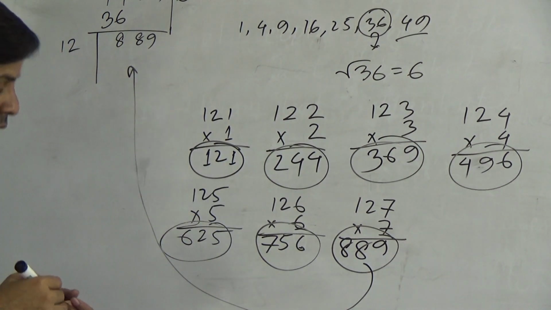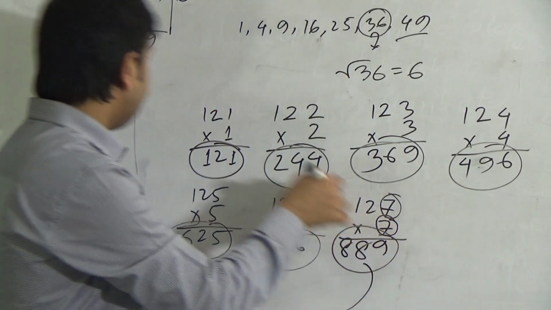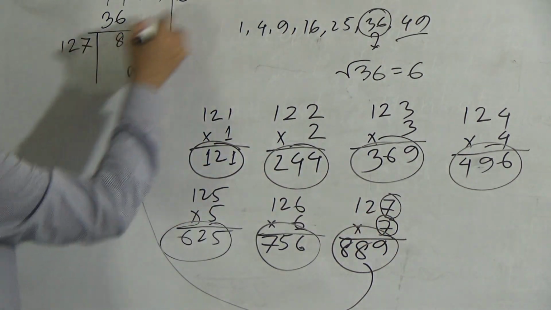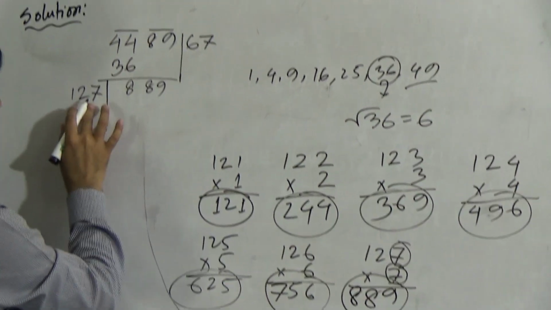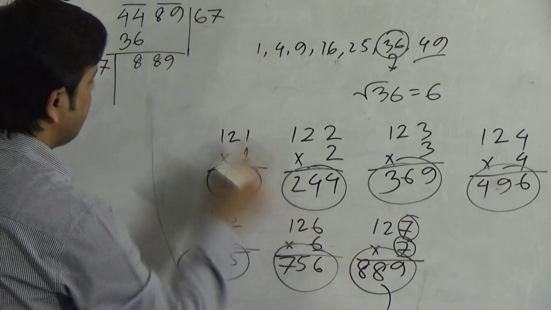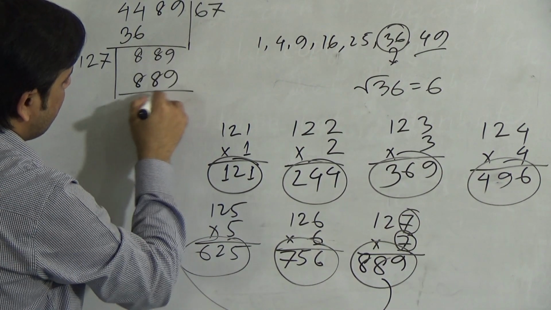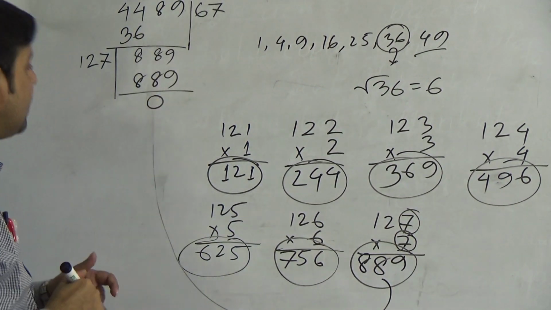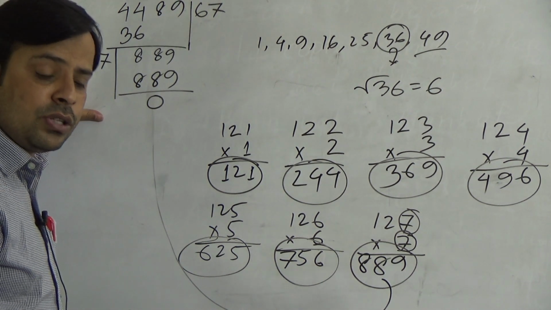So we have to take the digit 7 in both places. Take 7 here, and here also 7. If we multiply this 127 by 7, we will get 889. If we subtract, we will get 0. So determining the square root is done here.